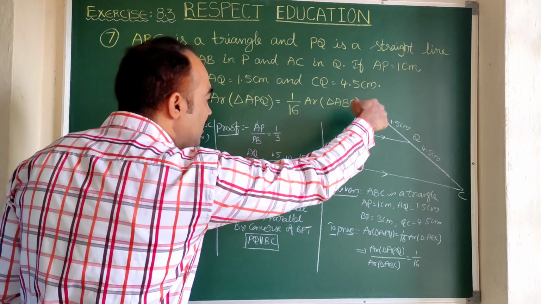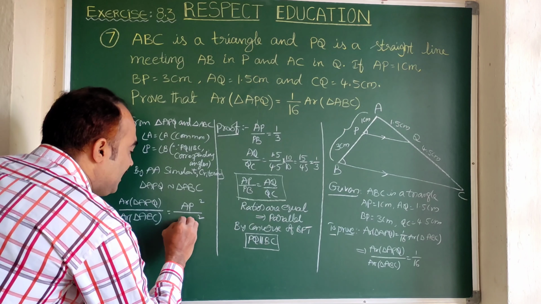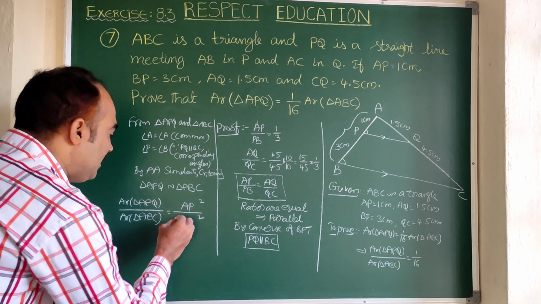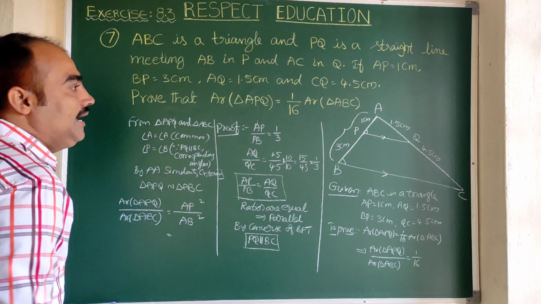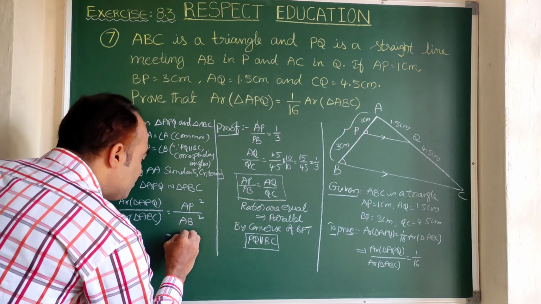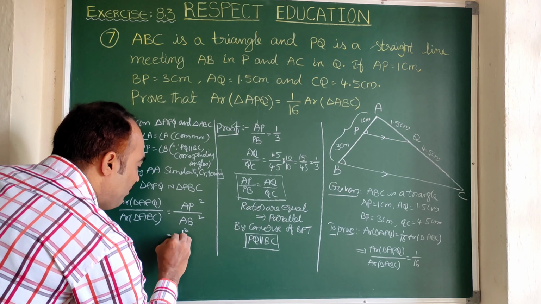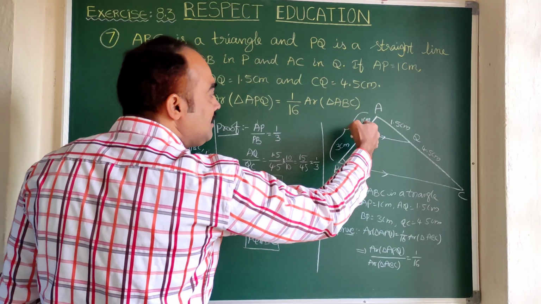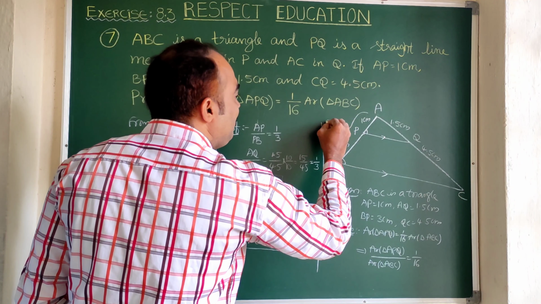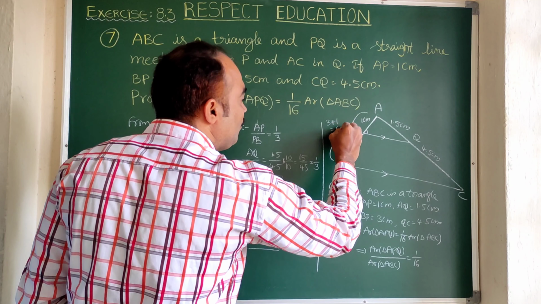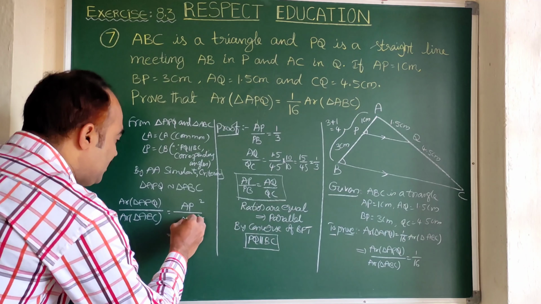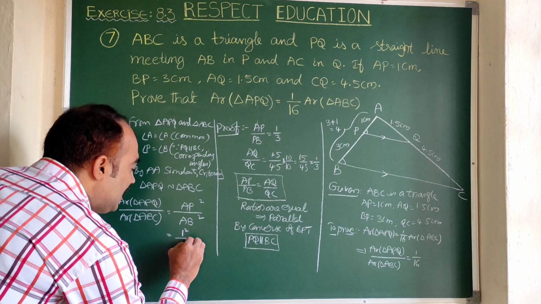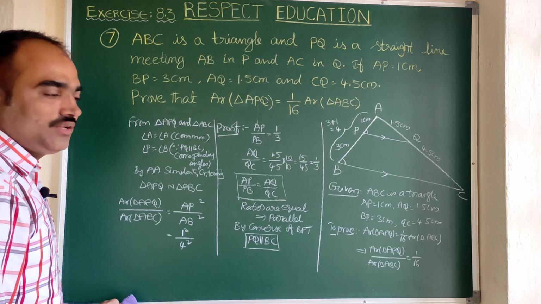So here AP square by AB square. Now let us substitute the values. AP is 1, so it is 1 square by AB square. AB is nothing but 3 plus 1, that is 4. So AB square is 4 square, which is 16.